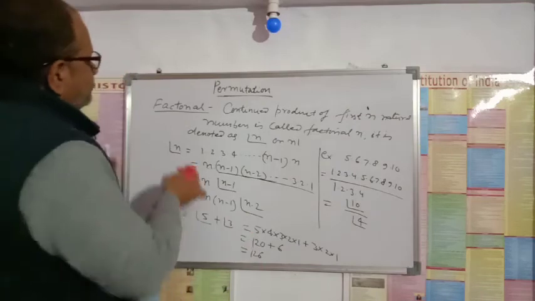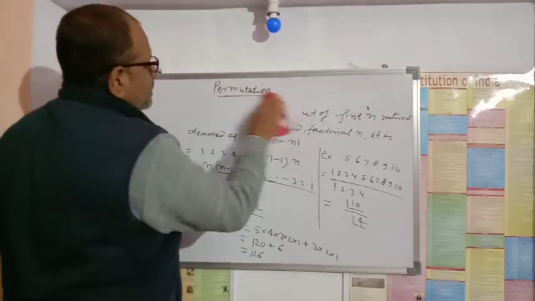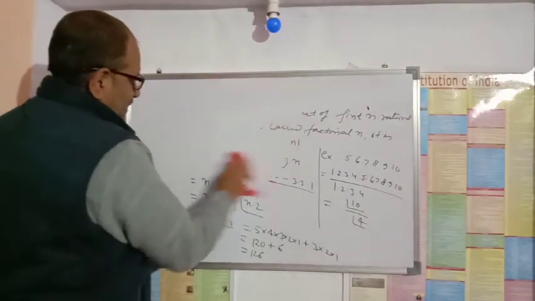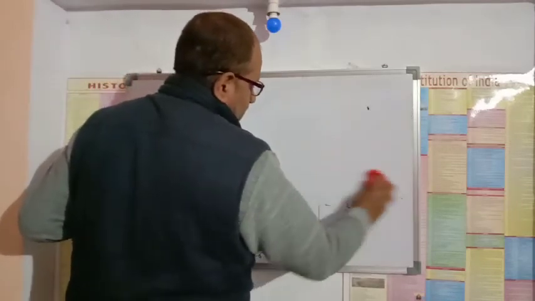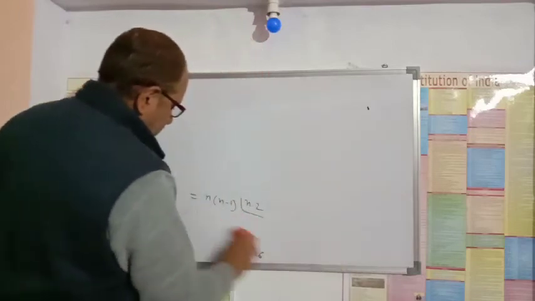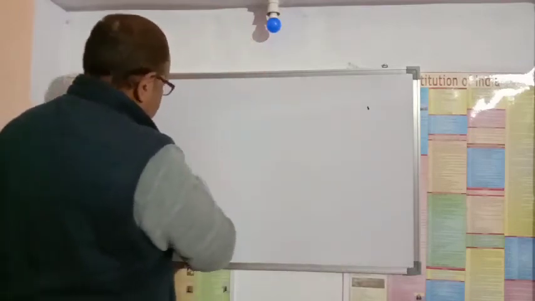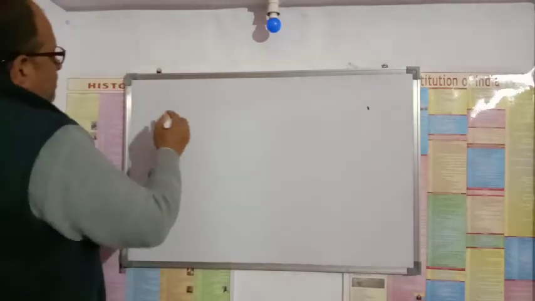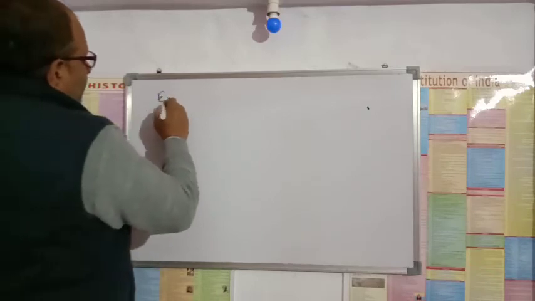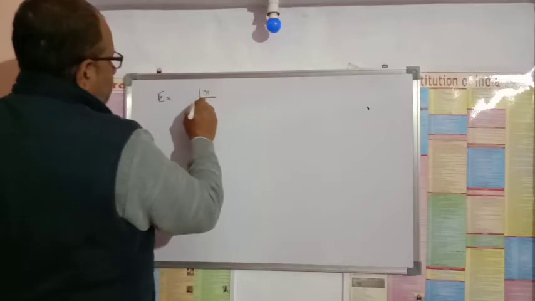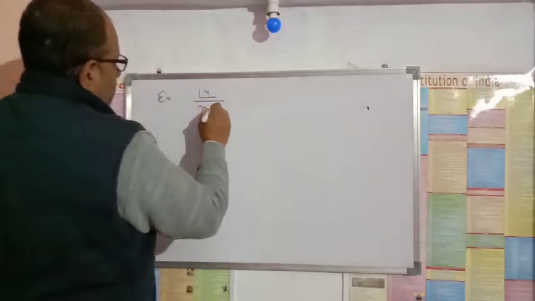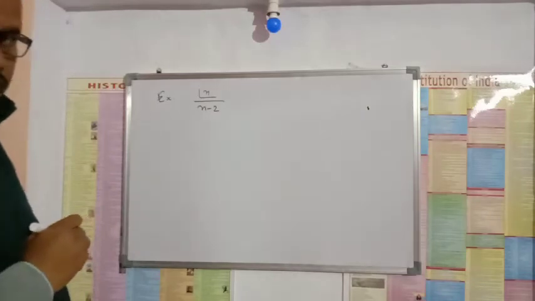Next topic is, suppose we have to simplify factorial n upon n minus 2.